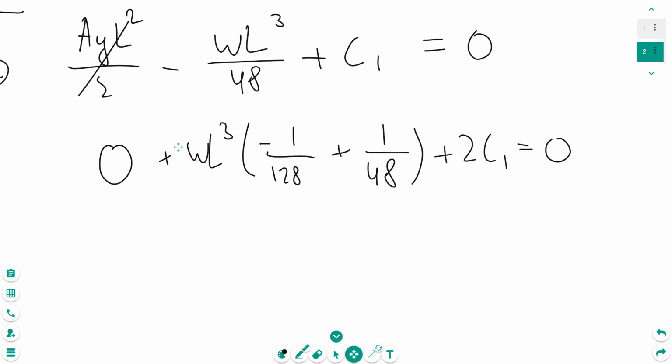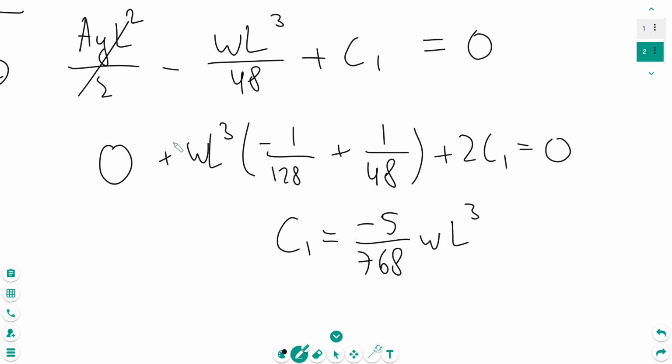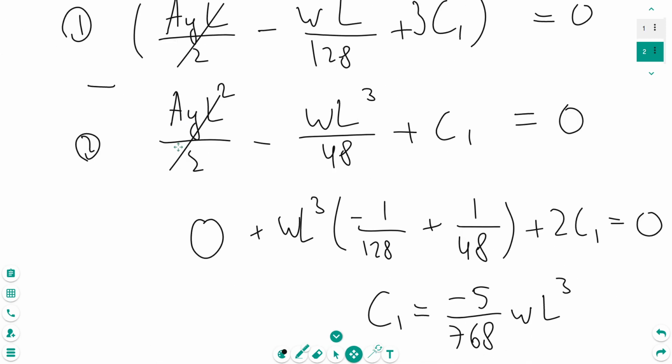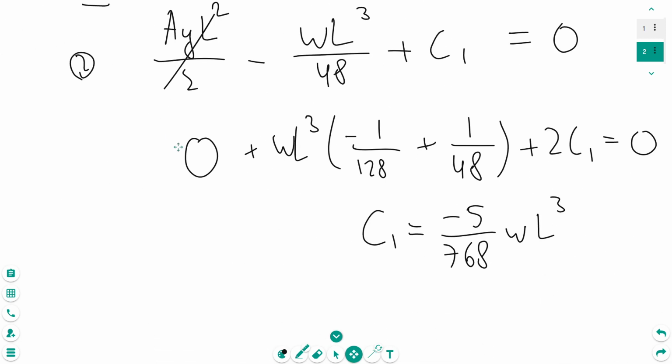If I then solve this system for C1, I get that C1 must be equal to negative 5 over 768 wL cubed.